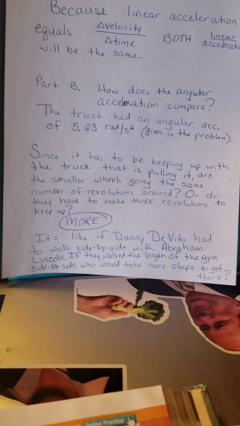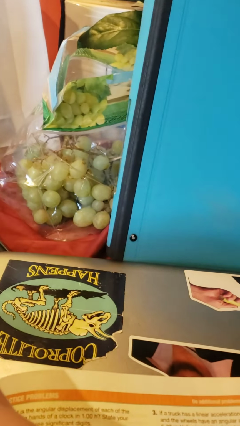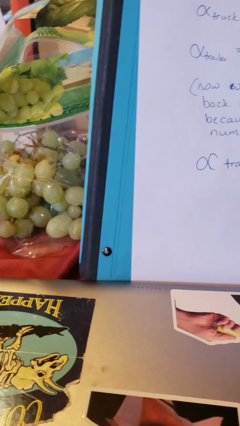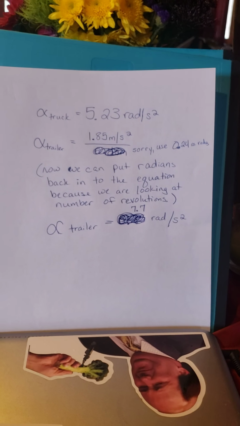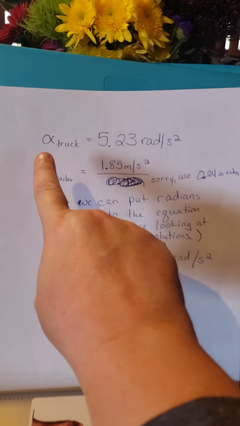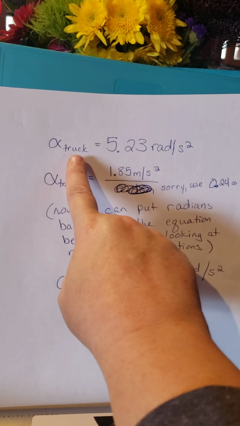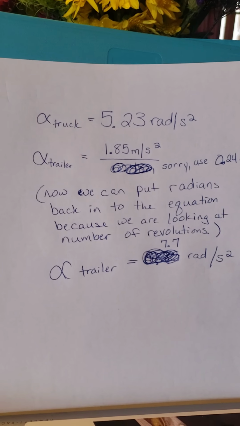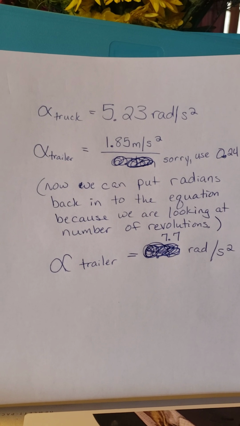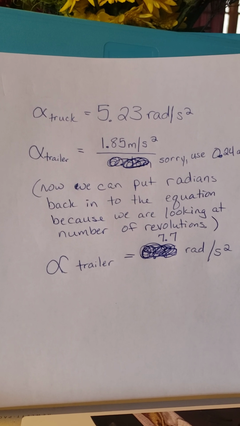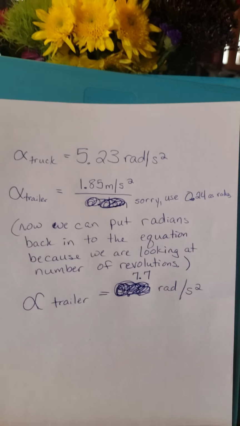So let's look at that mathematically. We've got the angular acceleration, the little Jesus fish symbol, of the truck. They gave it to us at 5.23 radians per second squared. Now I'm going to show you how radians pop back into this.